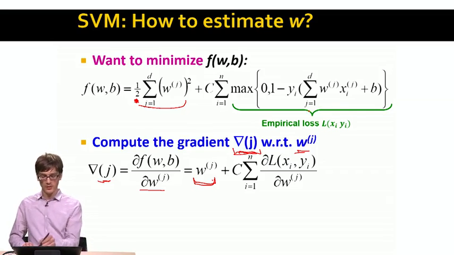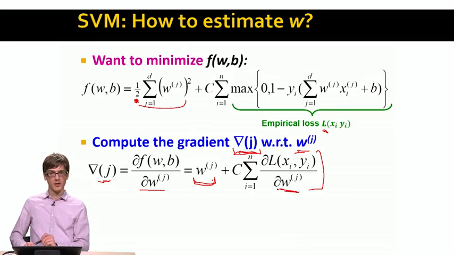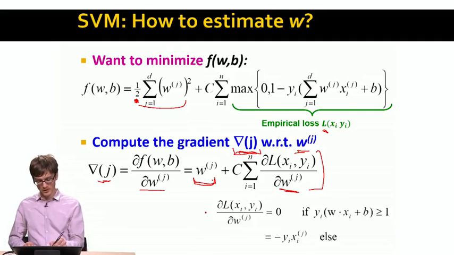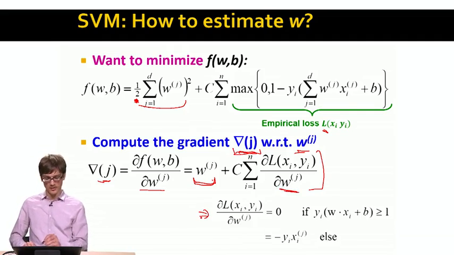And then we also have to take the gradient of the empirical loss. So what we are saying here is this is the slack penalty times the sum over all the data points, the gradient of the empirical loss evaluated for wj. So how do we compute the derivative of the empirical loss?